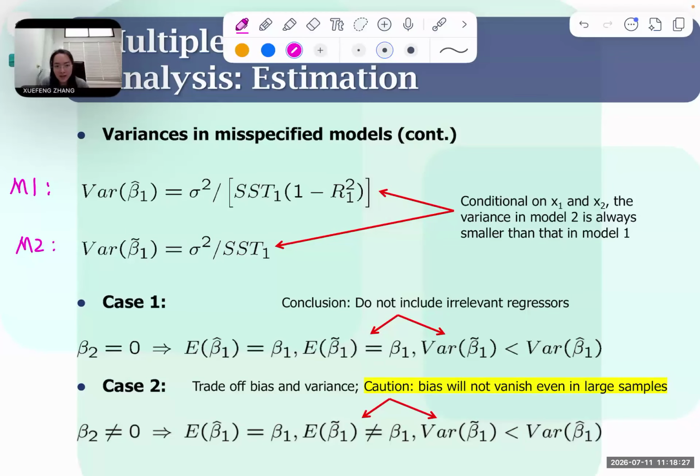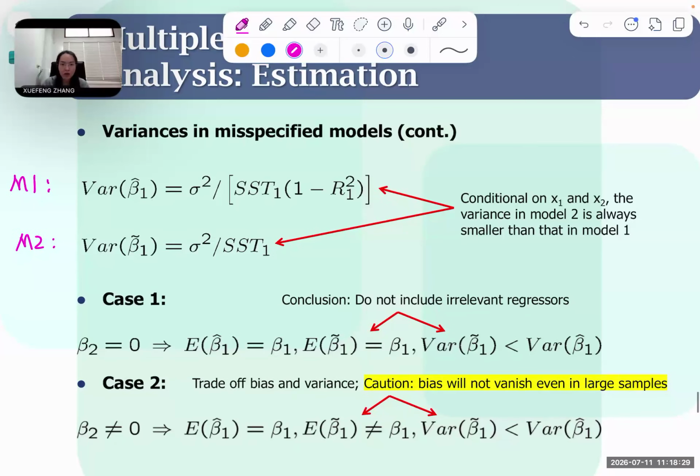without x2. So notice model 2's formula is missing the 1 minus R1 squared term in the denominator, right? Since 1 minus R1 squared is always less than 1, because R squared is between 0 and 1, okay?